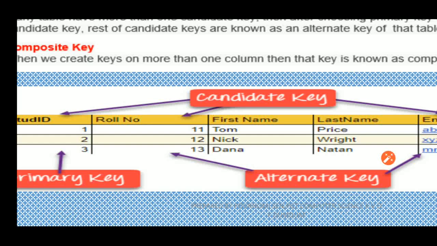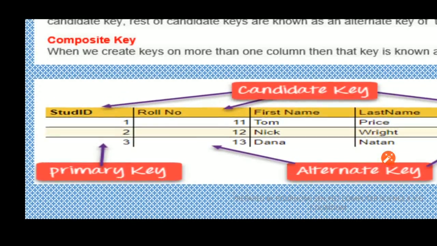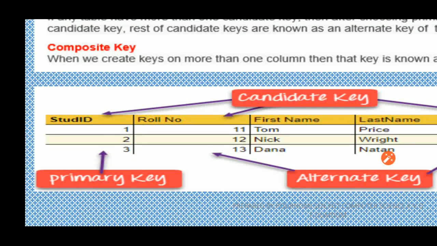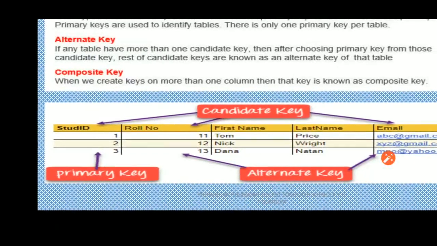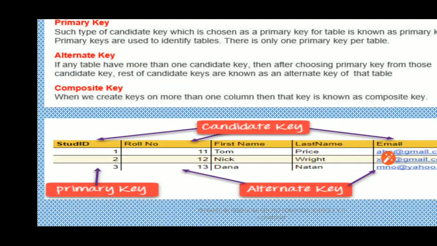So these are different for all the students. So student ID will always be different. So if I tell you to find out the attributes that can work as key attribute, that means whose value will be different for all the tuples, definitely student ID can be one of those that can act as a primary key.